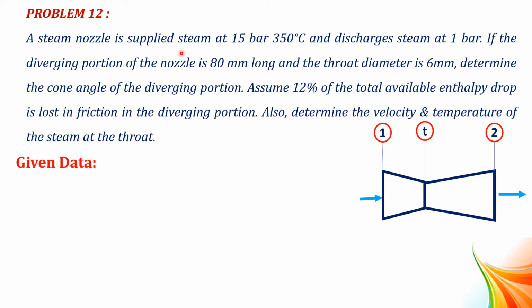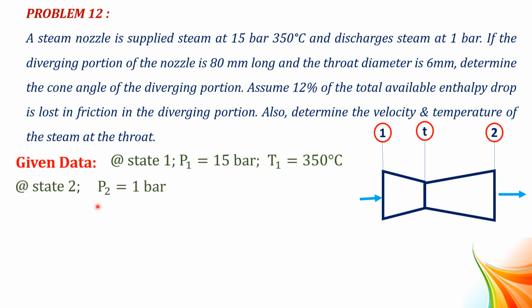A steam nozzle is supplied steam at 15 bar and 350 degrees centigrade. So initial pressure P1 equal to 15 bar and temperature T1 equal to 350 degrees centigrade, and discharges steam at 1 bar. So pressure P2 equal to 1 bar.